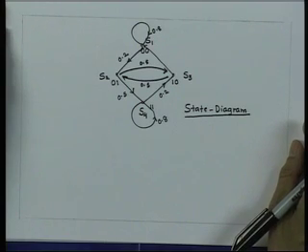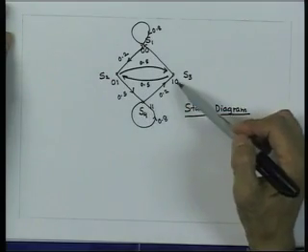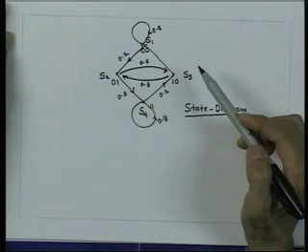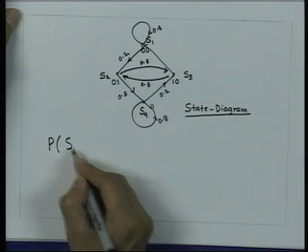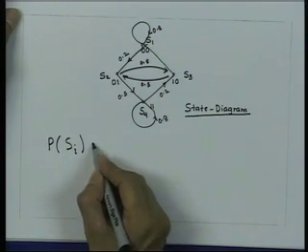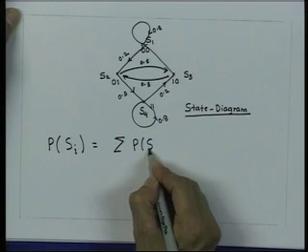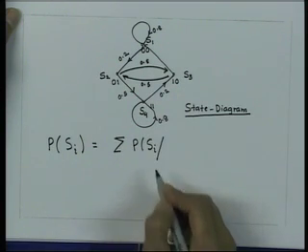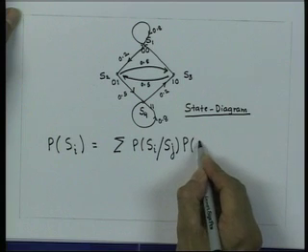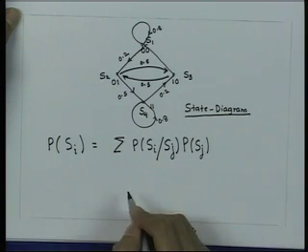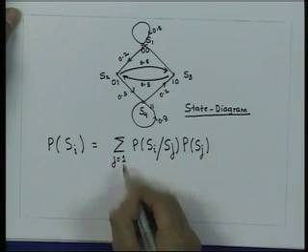So, this is my state diagram for our example under discussion. Now, if it is an ergodic Markov source, then I can find out the probability of these 4 states based on the conditional symbol probabilities. Let us look at that. For any particular state, the probability of the state is given by the following expression: the probability of being in a particular state Si given I was in a state Sj, times the probability of the state Sj, that is P(Sj), summed over all values from j equal to 1.